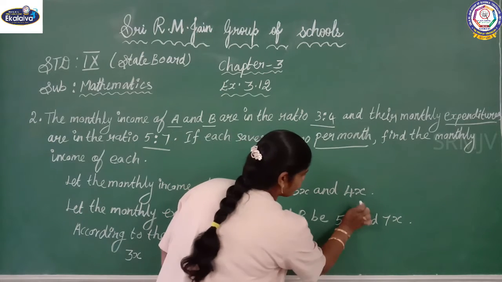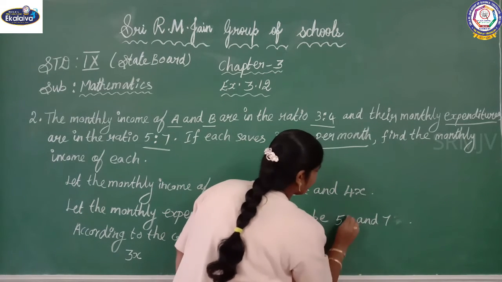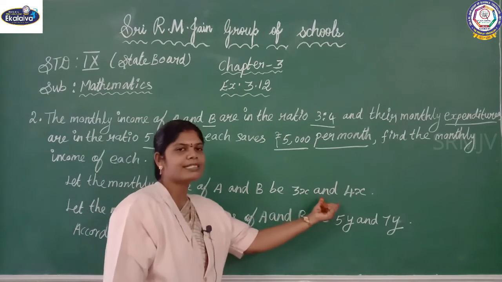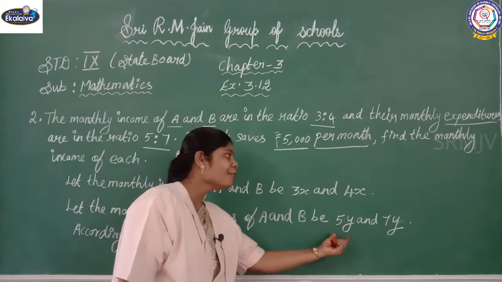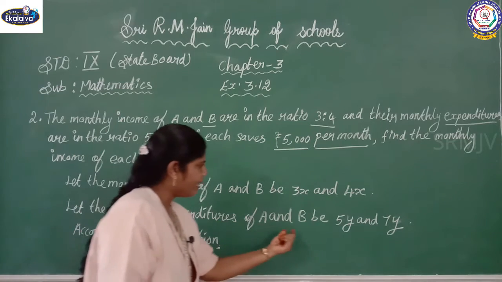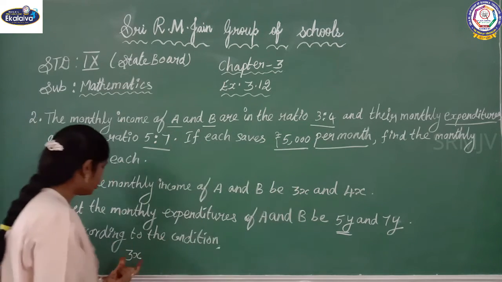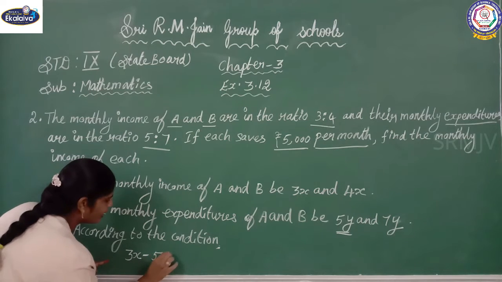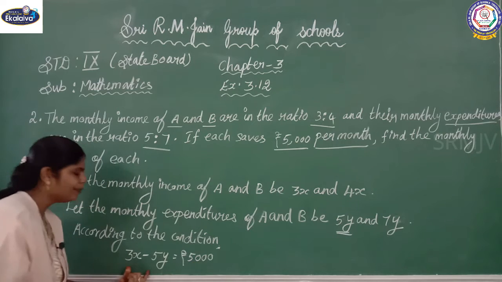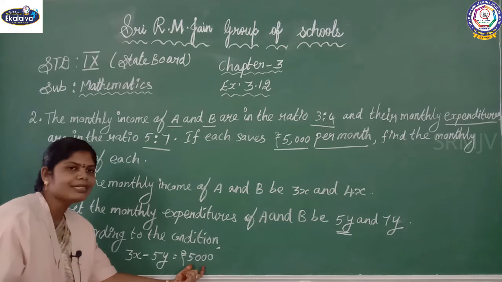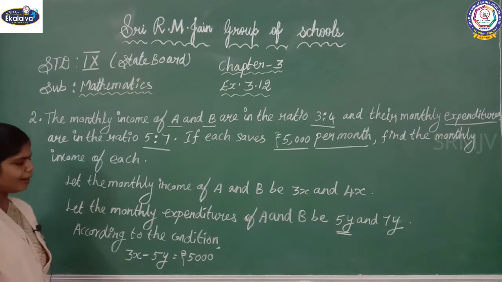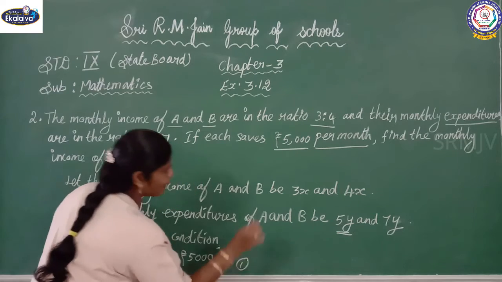Sorry children, here we have to take another variable y. So the expenditures are 5y and 7y, because income we took as 3x and 4x. Income minus expenditure equals saving: 3x minus 5y equals 5,000. This is equation 1.